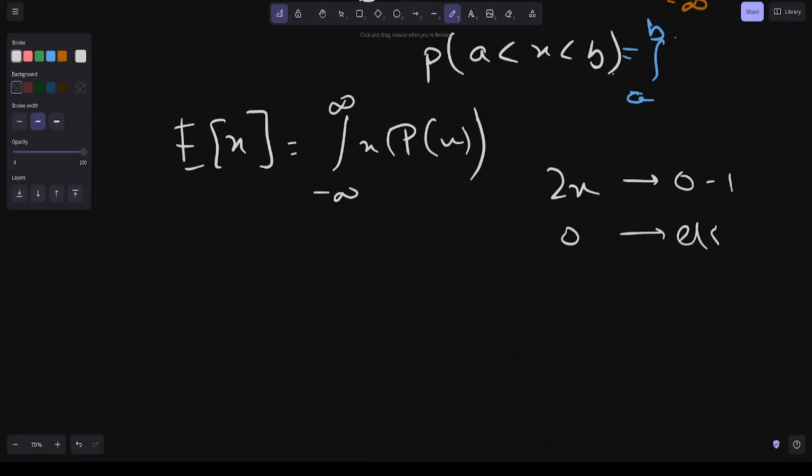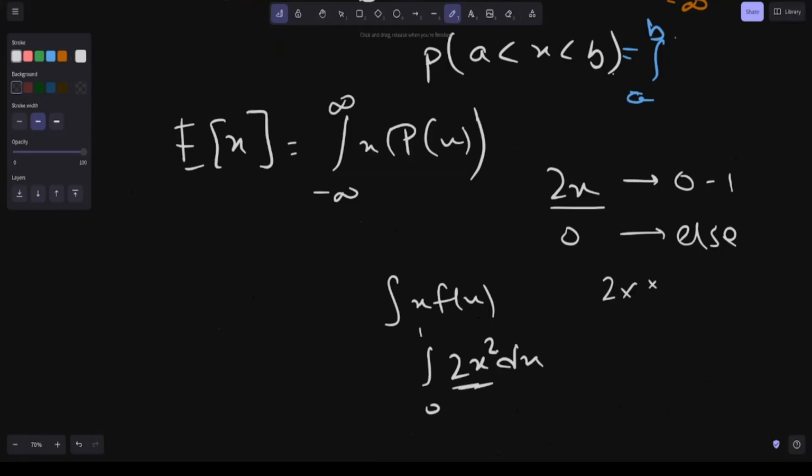What is the expectation? Expectation will be E of x, so it will be the integral from 0 to 1 of 2x square dx. Why is it 2x square? Because this is the probability density function into x. So 2x into x is 2x square. So this will be what? 2 by 3.